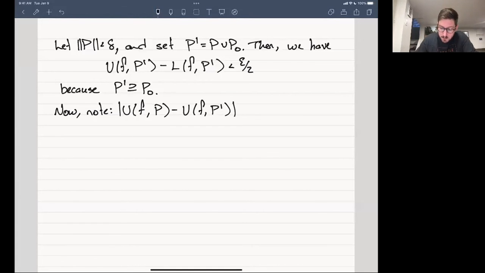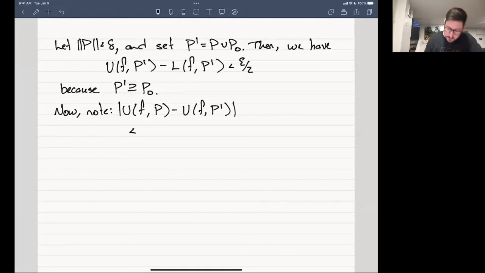Now, remember, P prime contains P. So that means that there's at most little n subintervals from P and at most 2n intervals from P prime that are not common in these upper sums. Okay, so maybe it'll help if you draw a picture in the margins here.